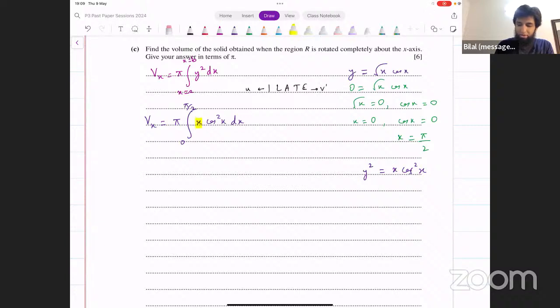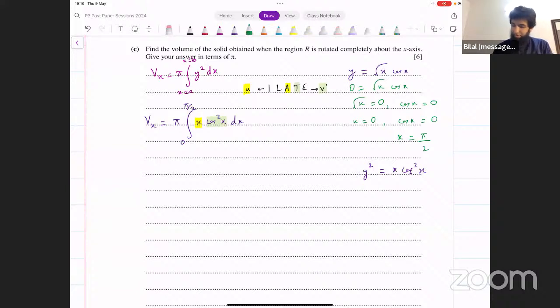You've got algebraic and trigonometric. Trigonometric should be taken as v dash and x should be taken as u.